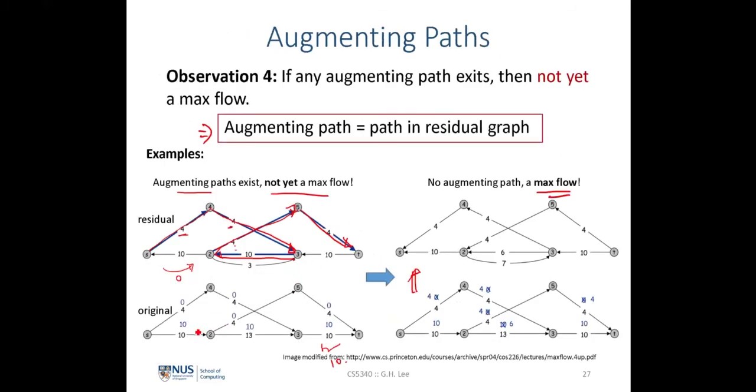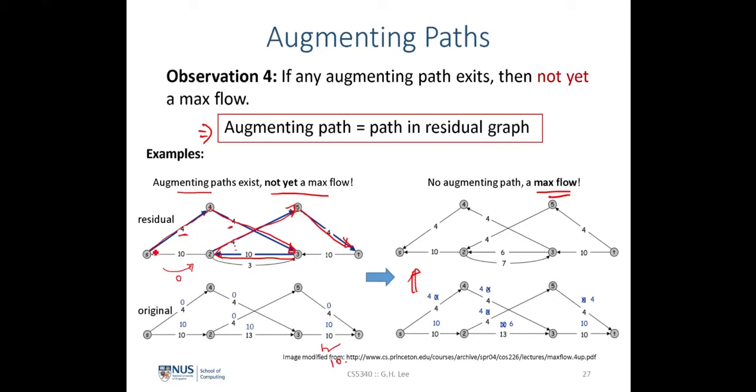In this case, we saw that we sent a certain flow that saturated this particular path, which we then converted into a residual graph where we can find an augmenting path. From this augmenting path, we will find the bottleneck capacity.